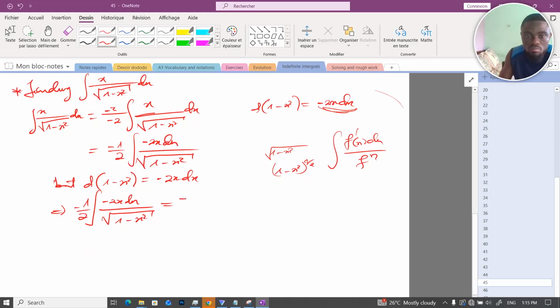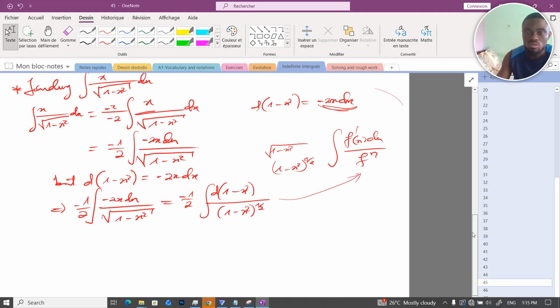This becomes minus a half integral of d of 1 minus x squared all over 1 minus x squared raised to the half. So this will be equal to minus a half integral of 1 minus x squared raised to the minus a half d of 1 minus x squared.